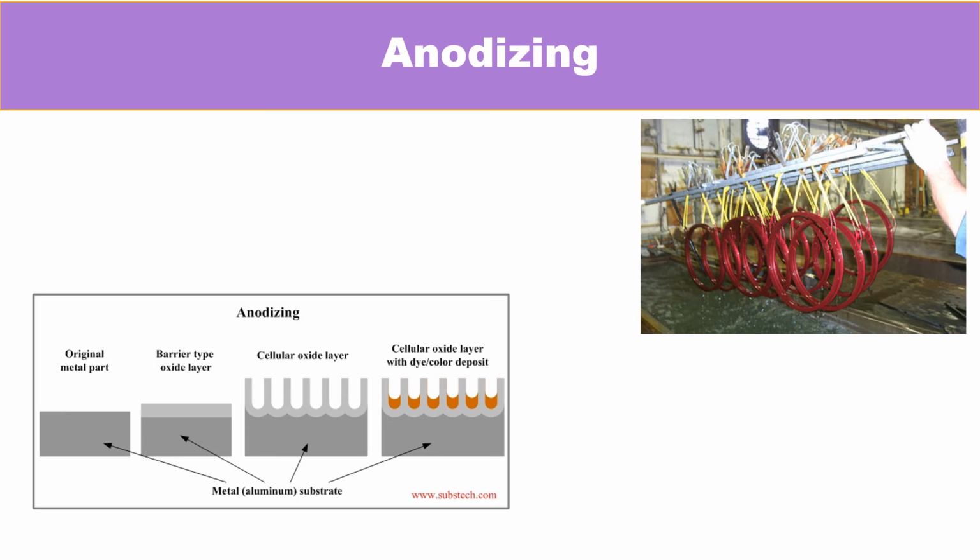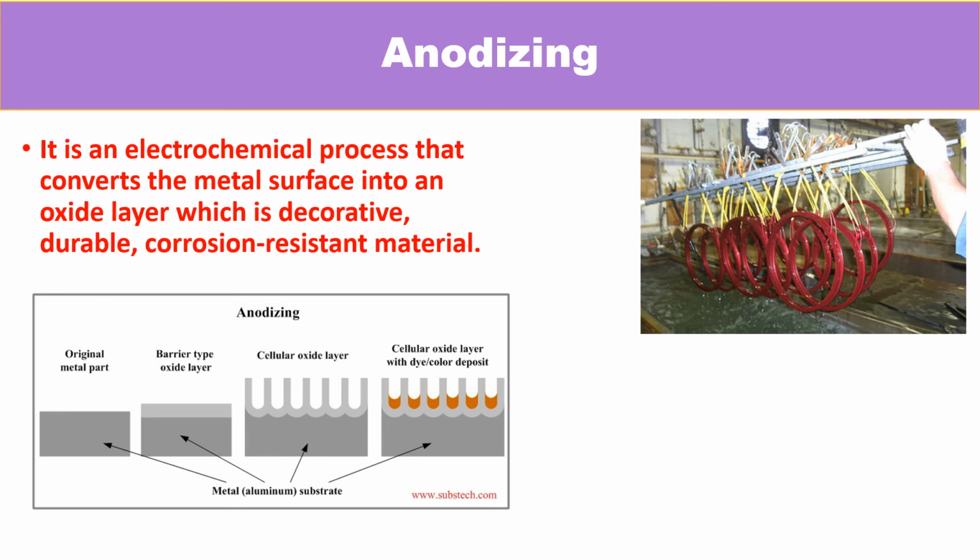We're almost done. Anodizing, it's another similar version of electroplating. It is an electrochemical process that converts the metal surface into an oxide layer. So I'm gonna highlight this.